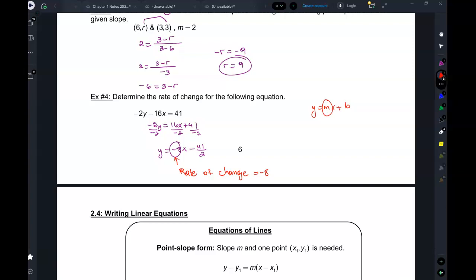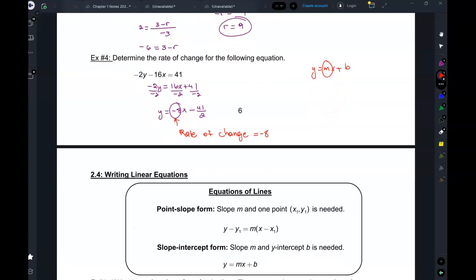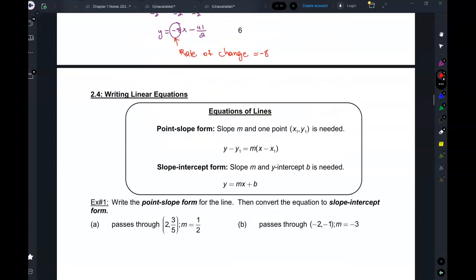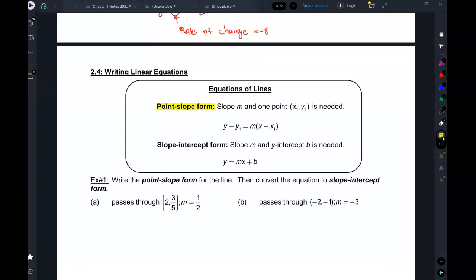All right? Okay. So with that, why don't we do some equations of lines? I know you've also done this before, right? So, not parallels, lines. So equations of lines, there are two forms that they can exist. One is point-slope form. Point-slope form, you need a slope and a point. And then the formula is y minus y1 equals m times x minus x1. All right? Do you need to memorize this?